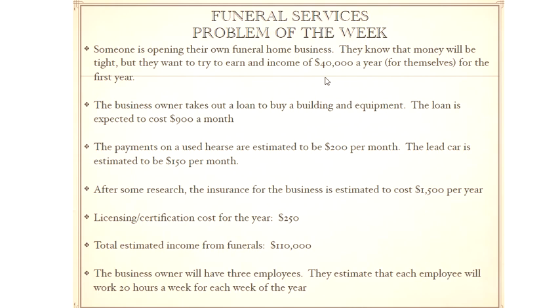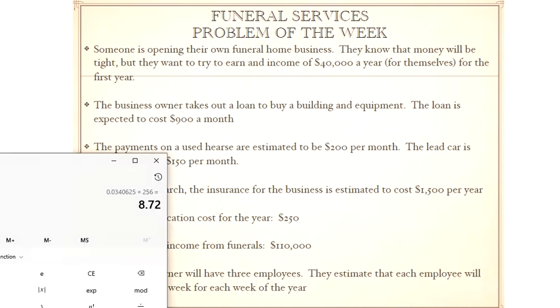Okay, you've got $110,000. You're trying to set aside $40,000 a year for yourself. So you'd subtract those two, okay? This is how much money we're expecting to take in for the year. Take out the $40,000. That's how much more money we have left to play with for the business, okay? And then you're going to have expenses.